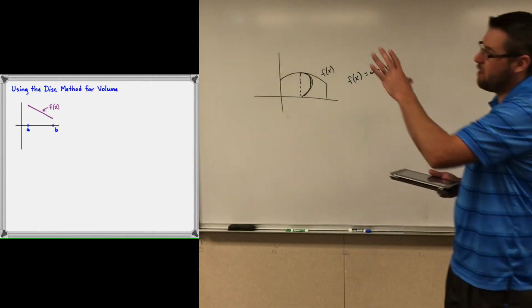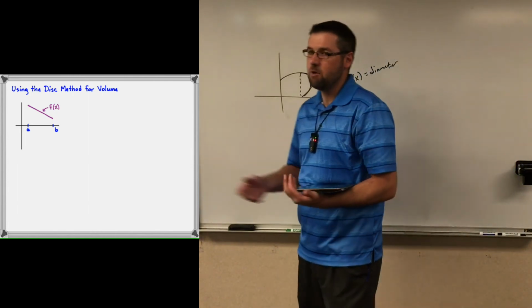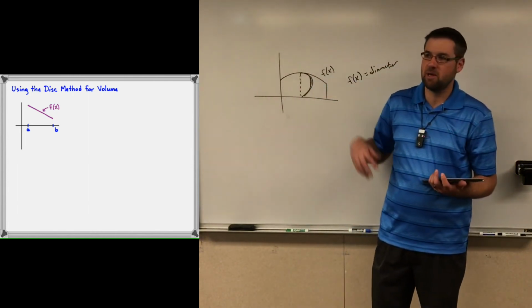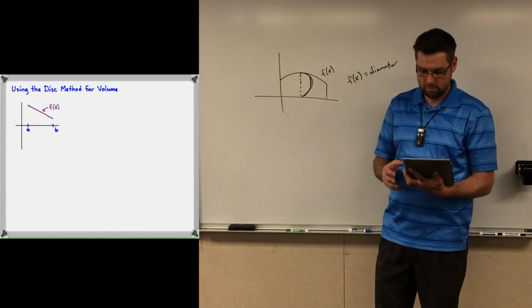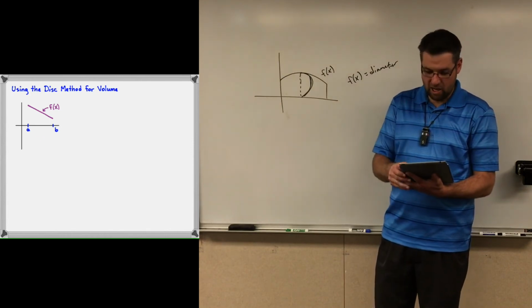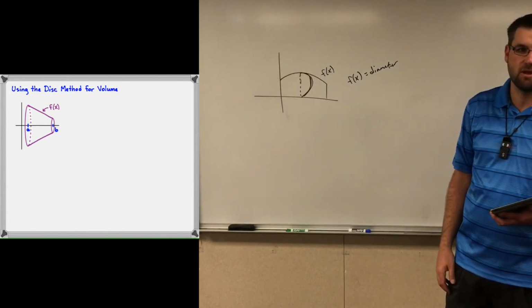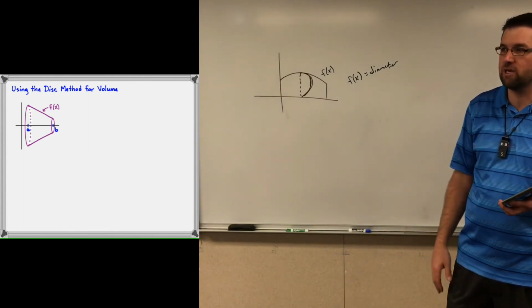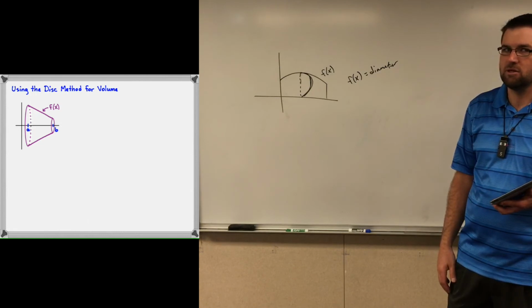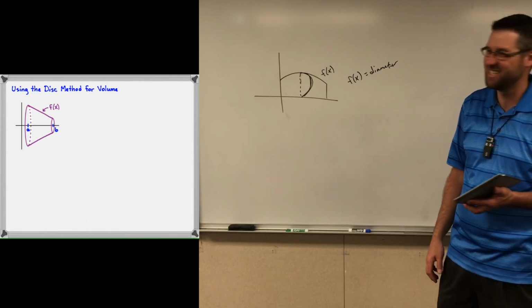So in general, now we have a line here. If I rotate this about the x-axis, what kind of shape am I going to get? What kind of solid? A cone with the top cut off of it, right? Can you see it? What's the general equation for this?